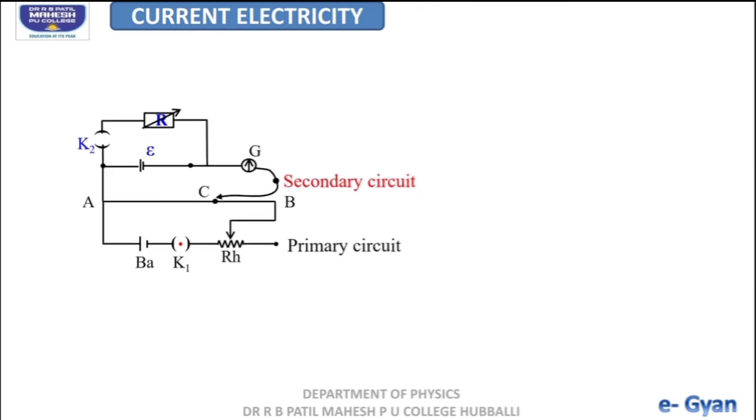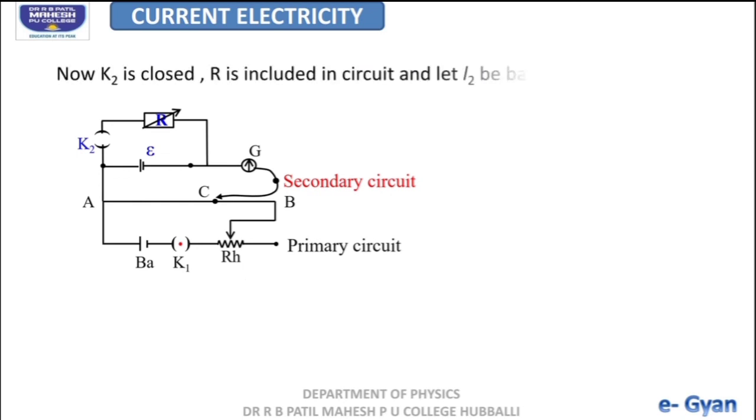Now K2 is closed, R is included in the circuit, and let L2 be the balancing length. When K2 is closed, a part of the current flows through R, and due to this the terminal potential across the cell reduces. The potential drop across the cell is called the terminal potential difference.